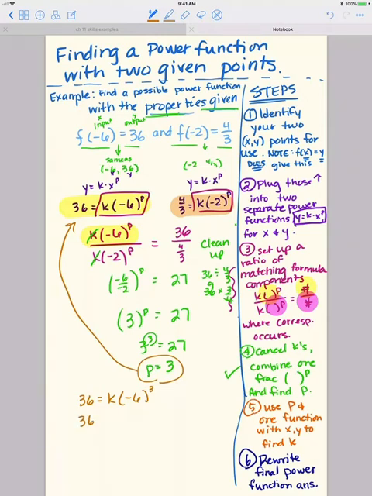And when you do that, you get 36 equals k times -216. If you do -6 to the 3rd power, -6 times -6 times -6, you get -216. And then if I divide both sides by -216 and simplify, I get that k is -1/6. So that's my constant, the coefficient that's multiplied in front of the power function.